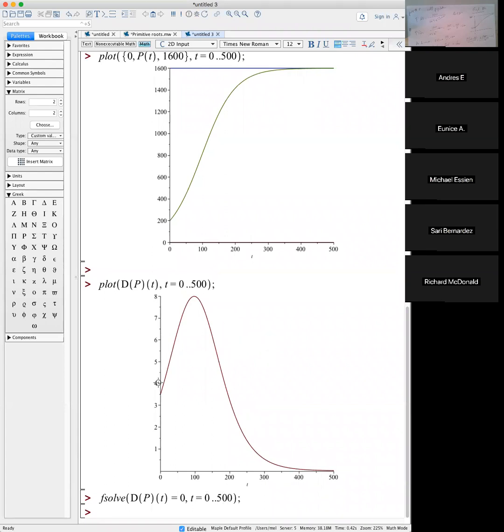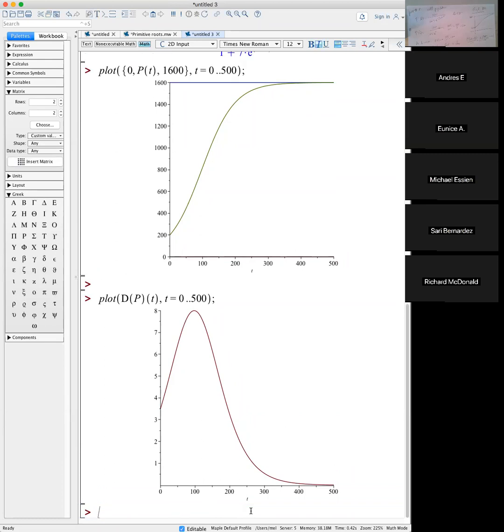So here is d of p of t. When does this curve have a maximum? Oh, we have to find where the derivative of the derivative is 0, right? So how do I find the second derivative?